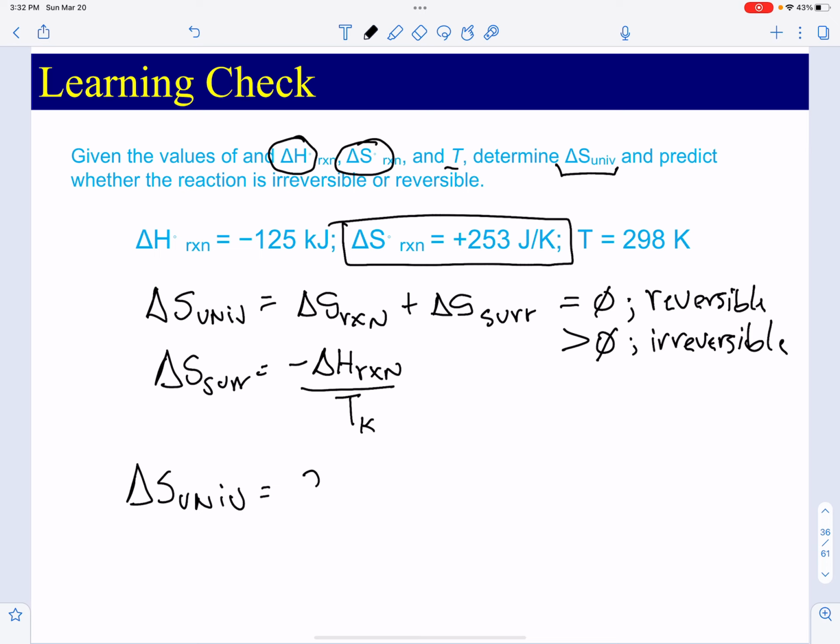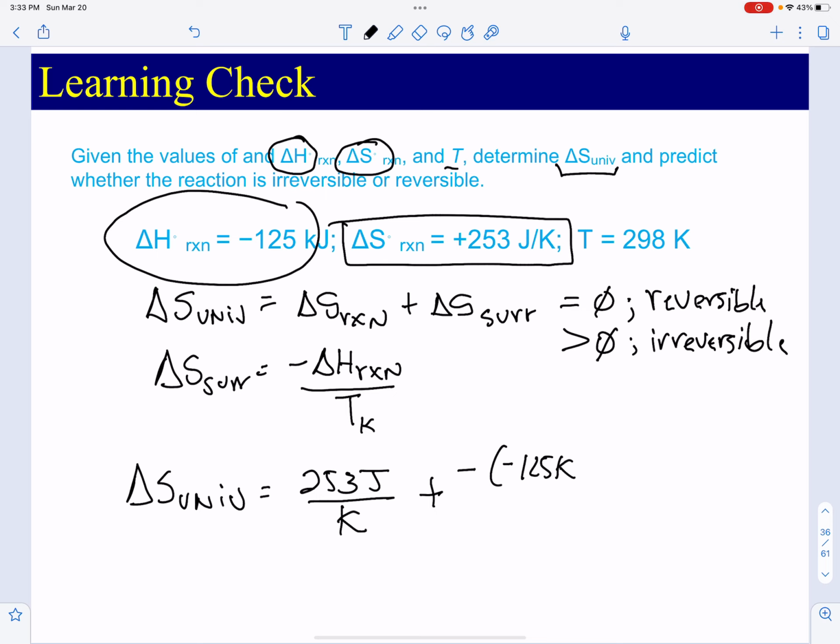So that's going to be positive 253 joules per Kelvin, plus delta S of the surrounding, which is going to be the minus enthalpy, which is minus 125 kilojoules, over the temperature, which is 298.